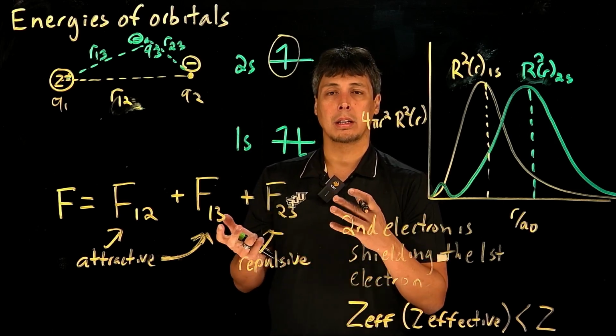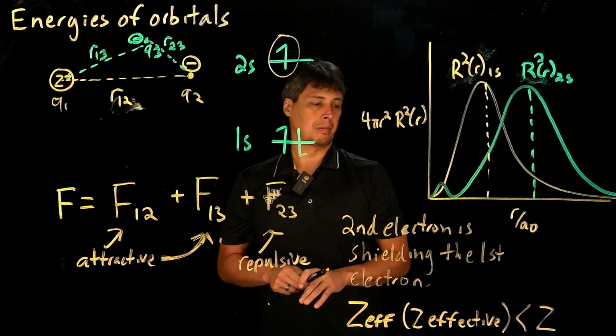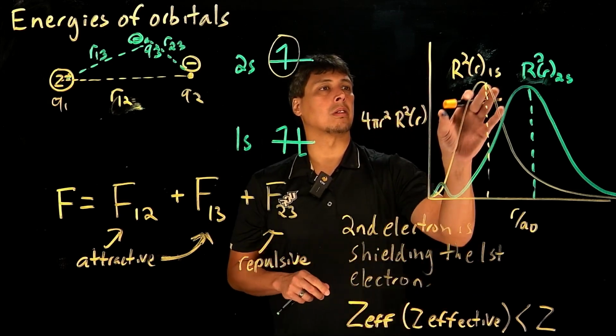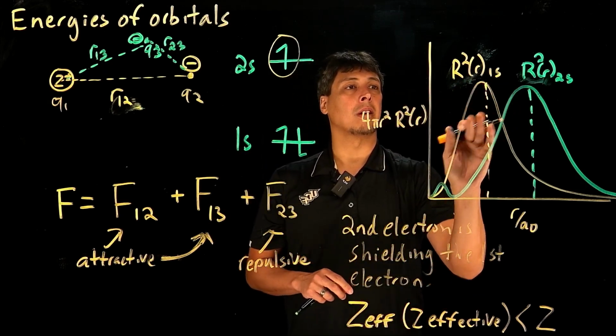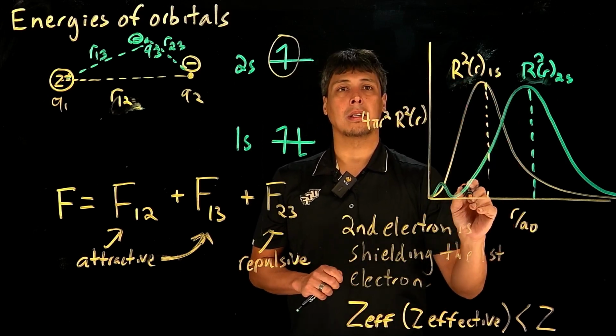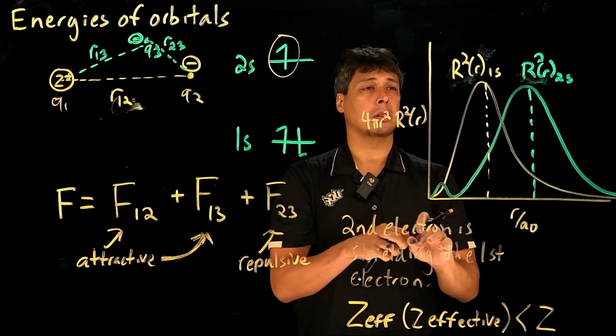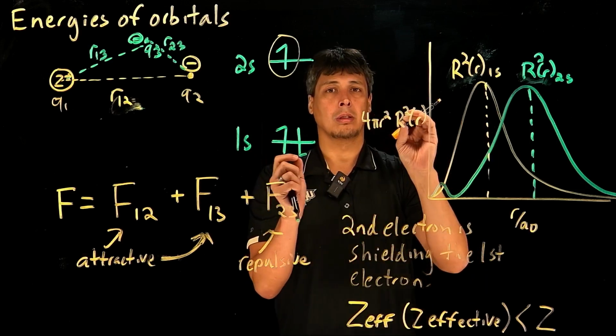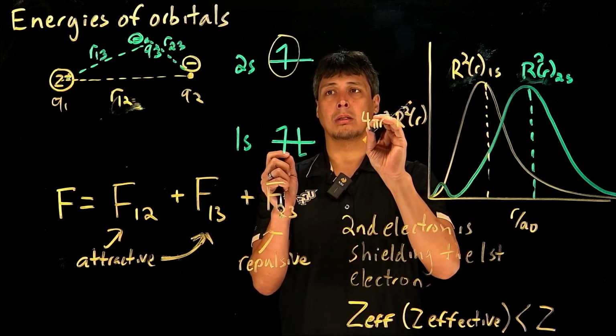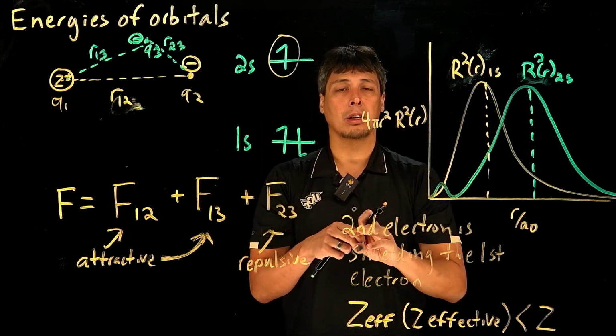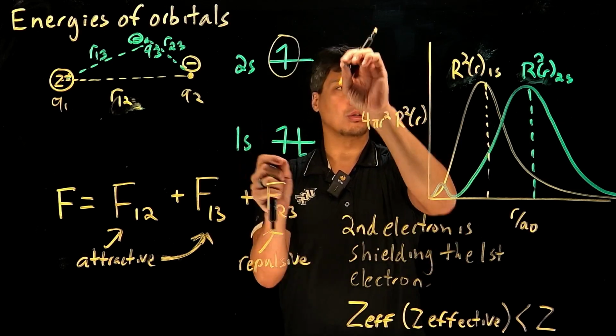And so the way to think about it in this case is if we look at the electron density, in addition to the effects we discussed before, there's an additional alteration in the relative energies of the two orbitals.